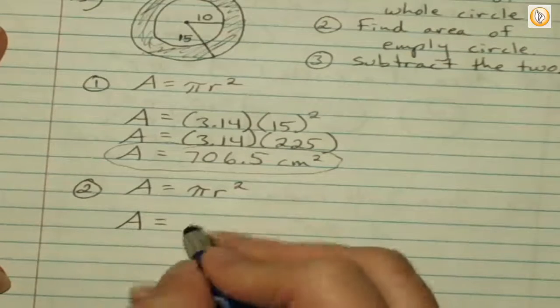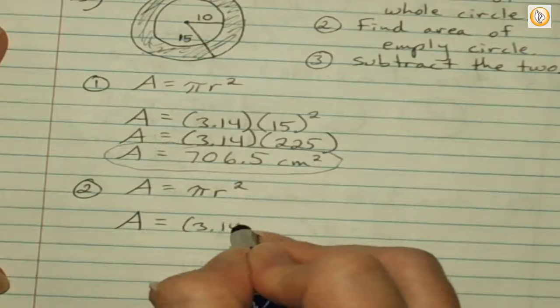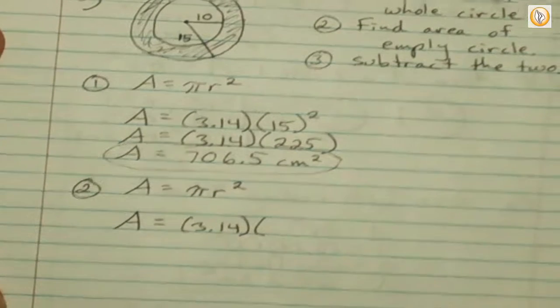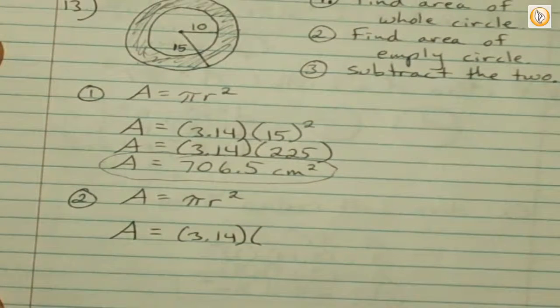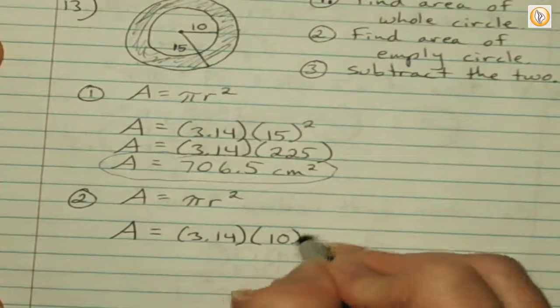This time, Cecilia, what is the radius for the empty one? 10. Very good.